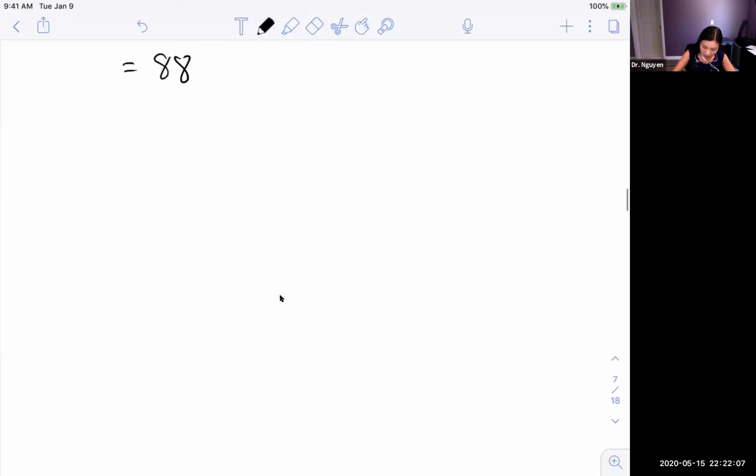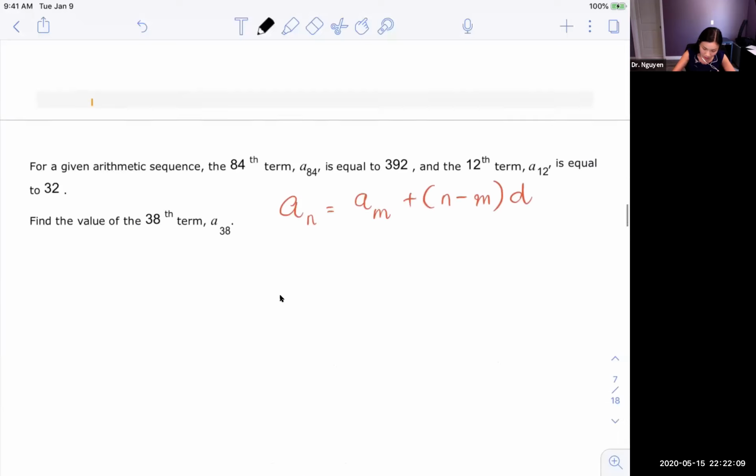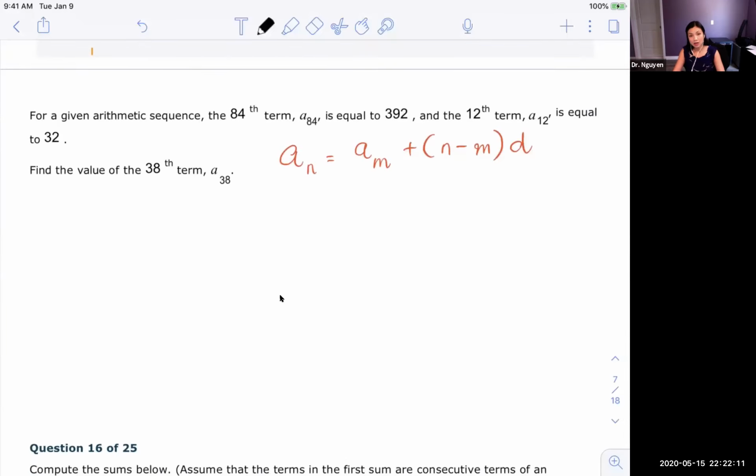Okay, now moving on to this problem right here, you see that we're looking for a_38, but they didn't give you a_1. They didn't give you the difference. What they give you is two terms, right? So we have 84 and we have 12.